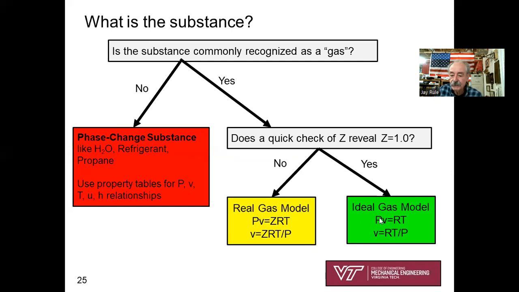Now, there are plenty of commonly observed gases that we are fully entitled to model as an ideal gas, and it's real. The air around us is real. It's not a figment of our imagination. And we model the air around us as an ideal gas.